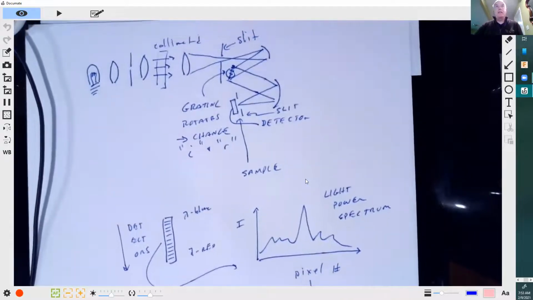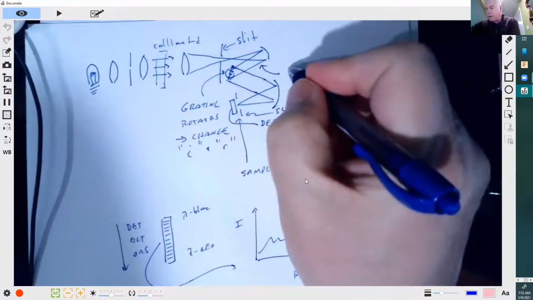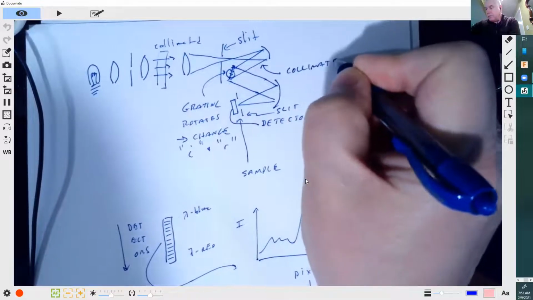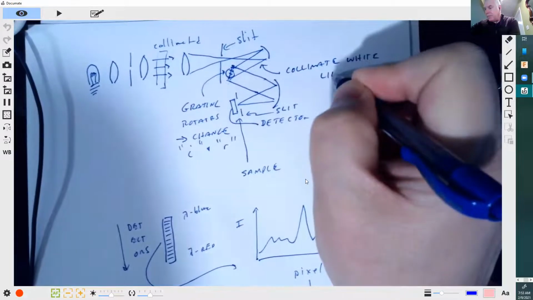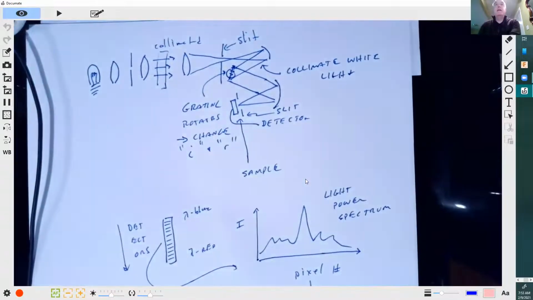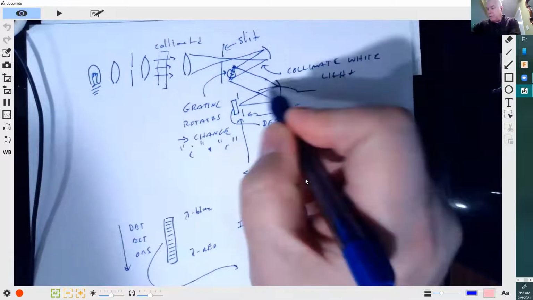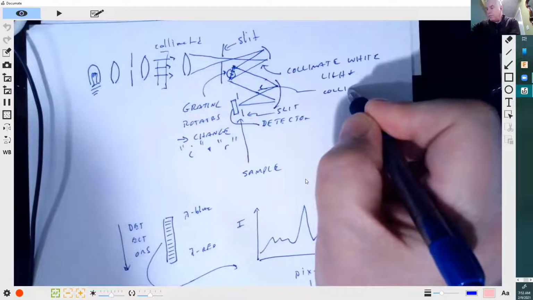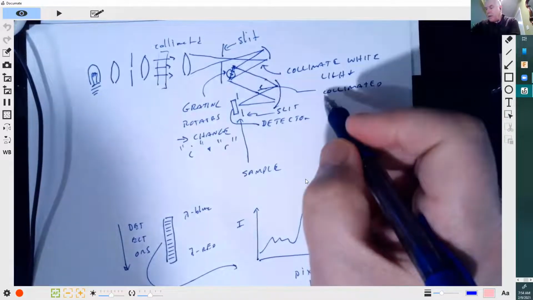You need to have this set up such that you have collimated white light here. And then here you'll have collimated monochromatic light.